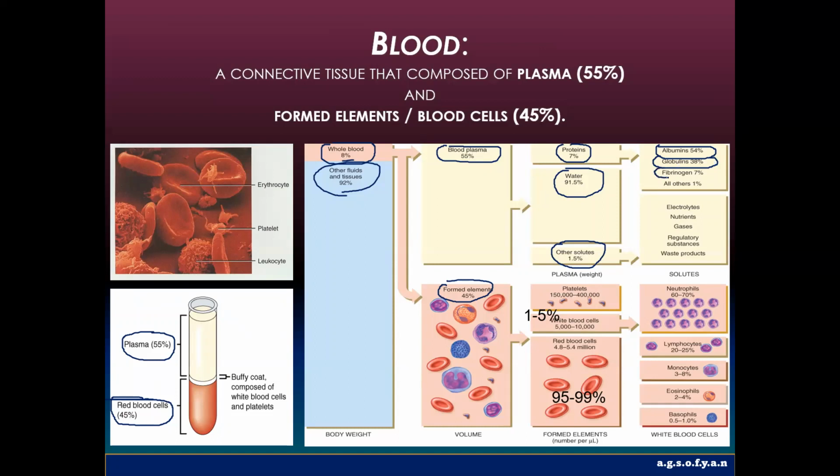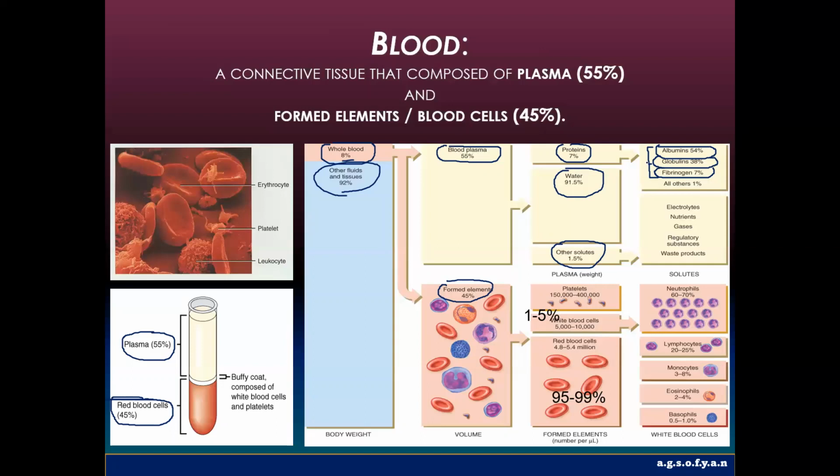The next one is called fibrinogen, and this is the one that will be used for clotting our blood. So these three different types of proteins in the blood plasma have different functions. Albumin is mostly for transportation, like transporting lipids. Lipid-soluble hormones are also transported by this type of protein.